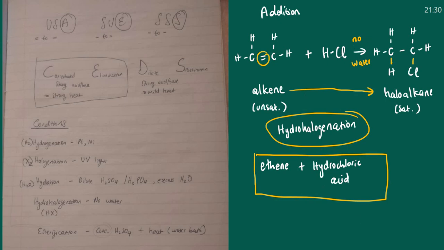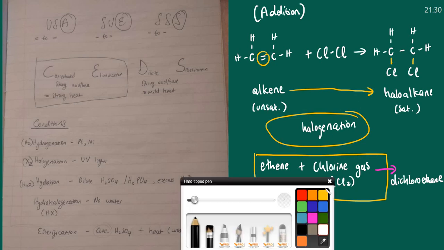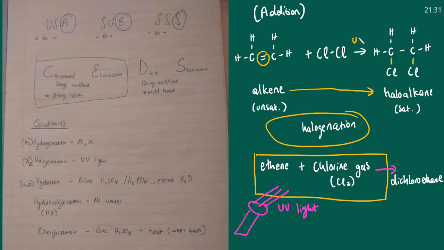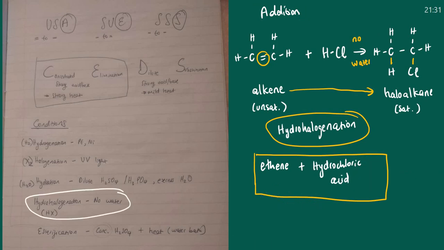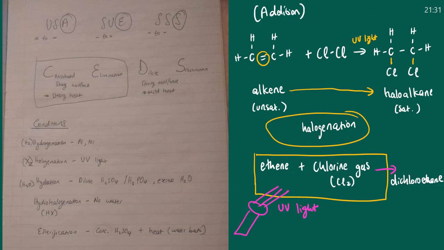Oh yeah, so here usually you'd put there the condition again. You must have UV light for a halogenation, no water for a hydrohalogenation, Pt or nickel for a hydrogenation, right?